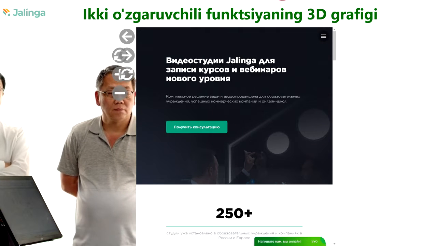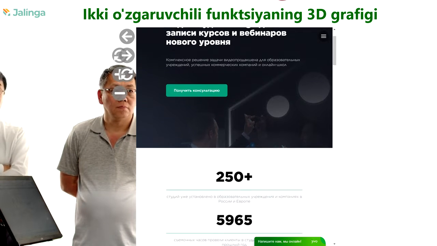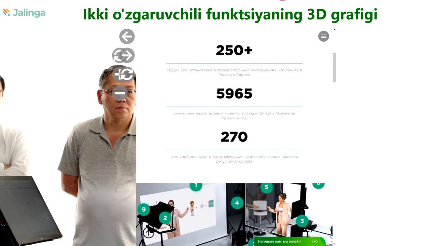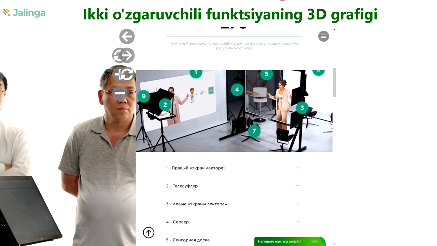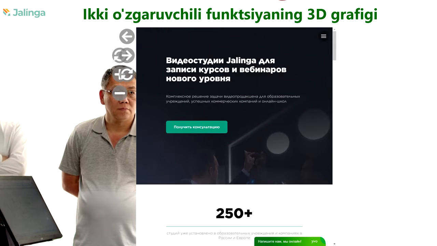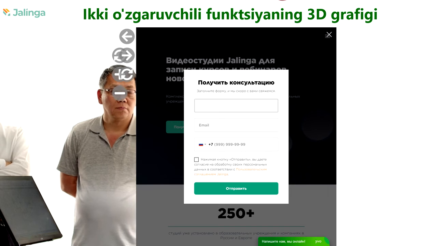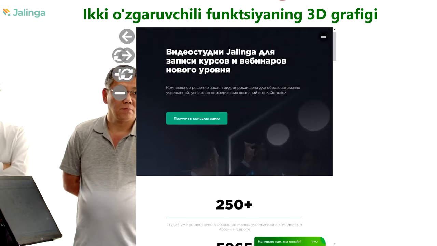Here we have the web page. Actually, it's also interactive. I can use it through this screen and interact with any button on the website, and I can show what can be done and what cannot be done.